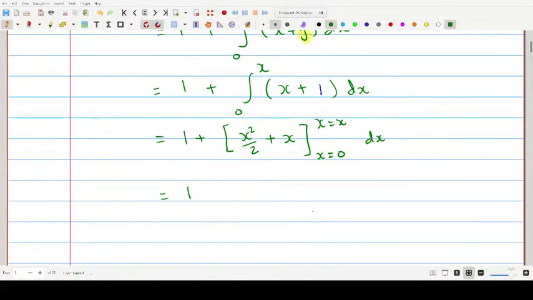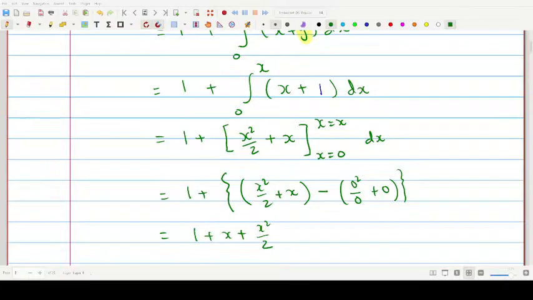But still, if I would want to write down the steps in a beautiful way, when you put x equal to x, we get x squared by 2 plus x. And then when you put x equal to 0, we would get 0 squared by 2 plus 0, right? Close the bracket. There is no doubt that the right hand side function is just consisting of x.